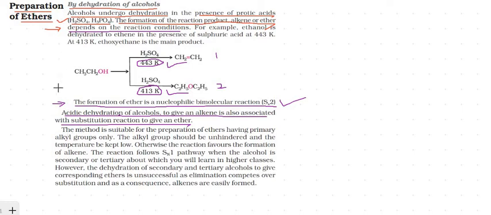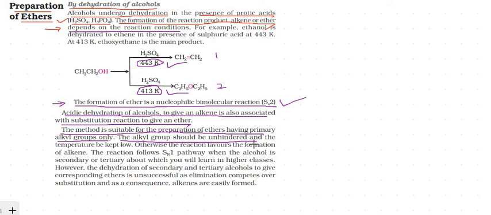Now we are talking about this method. The method is suitable for the preparation of ethers having primary alkyl groups only. That means if you want to prepare diethyl ether or dimethyl ether, or let's say ethyl methyl ether, in short up to propyl or butyl, it is feasible because the alkyl group should be unhindered.